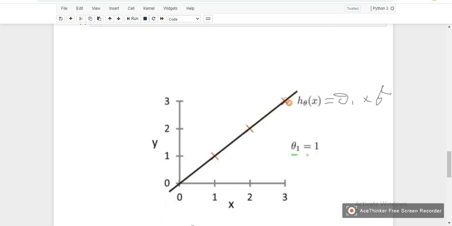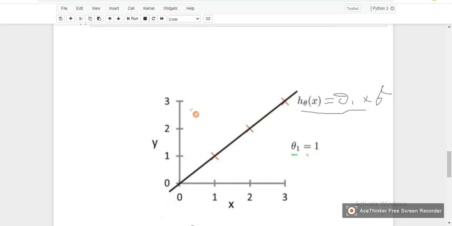So what the model basically does over here is, with the given theta 1 equals 1, this model produces this line equation which best fits this data. So the error of this model is almost equal to 0, as this line equation passes through all the 3 points present in this data set. So the cost of this model is almost equal to 0.